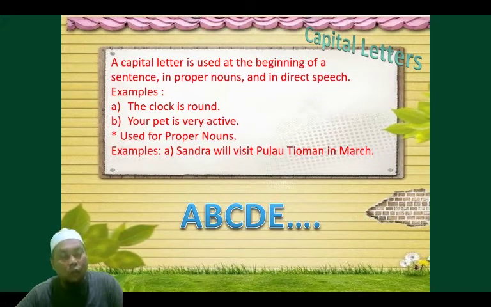Use for proper nouns. When you are using proper nouns, make sure you use a capital letter, such as names, names of places. For example here, Sandra. Sandra is a name, you should put a capital letter. We'll visit Pulau Tioman in March. Pulau Tioman is a place, proper noun. And then March, a month. A month should be in capital letter.